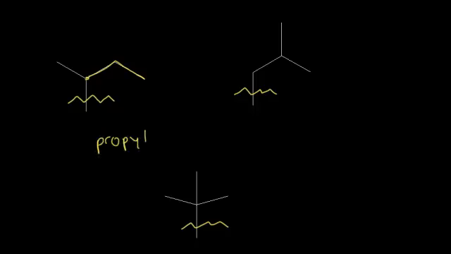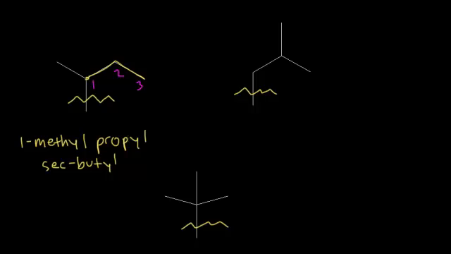And when you number it, this would get a 1, this would get a 2, and this would get a 3. So you have a methyl group coming off of carbon 1 here. So it would be 1-methyl propyl as the name of that complex substituent. The common name for that is sec-butyl. So butyl, because there are a total of 4 carbons.